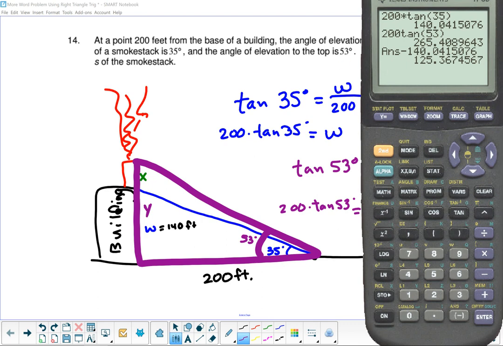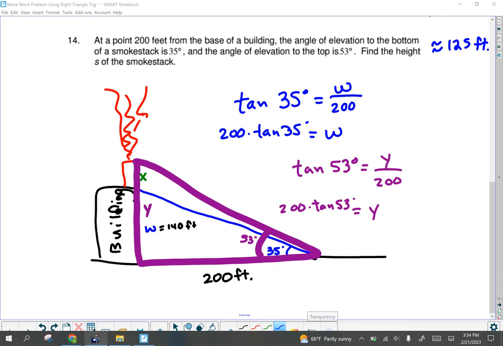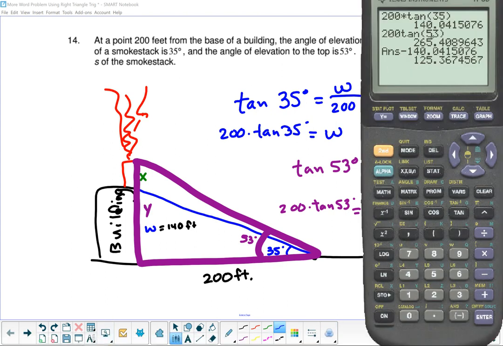To be clear, we take the height of the building away from the height of the building and the smokestack. 140 is the height of the building, which I found in the blue triangle, and 265 is what I found in the purple triangle, which is the building and the smokestack.